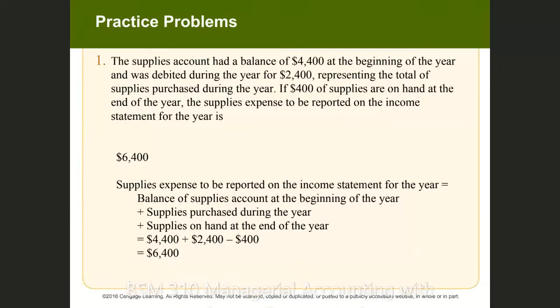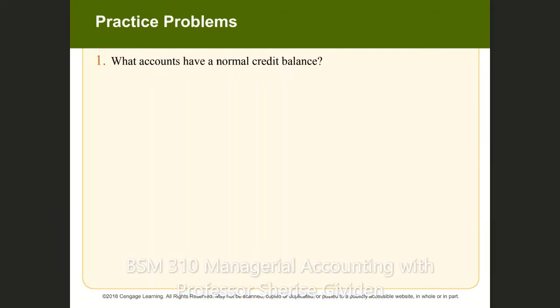Liabilities. Normal credit balance. Well, I don't know what's considered a normal credit balance. I kind of mentioned this earlier, in the very beginning. You kind of need to know this. It can be either a debit or a credit, depending on whether it's an asset. Basically, I think of it as whatever increases the account, because more than likely you're not going to have a negative account.